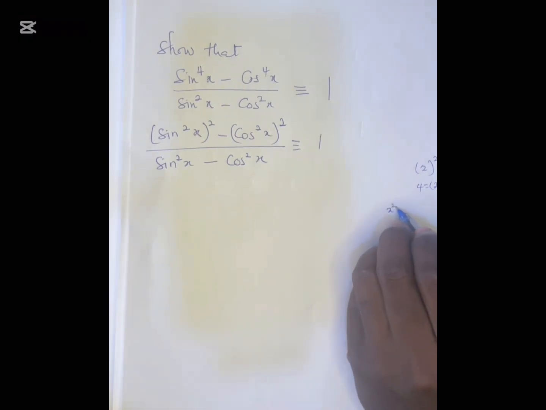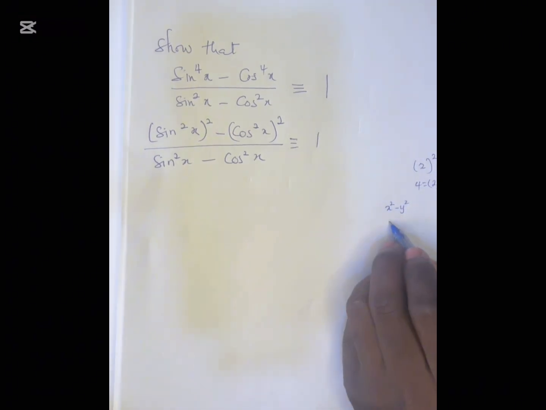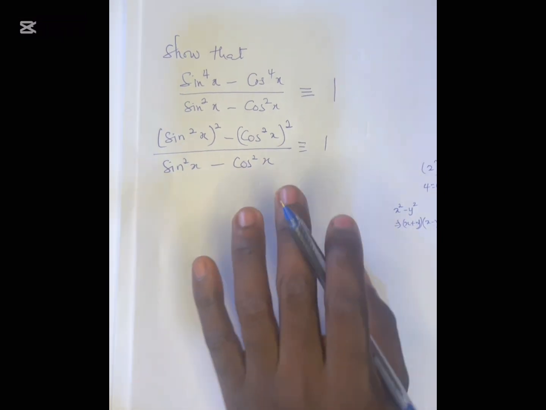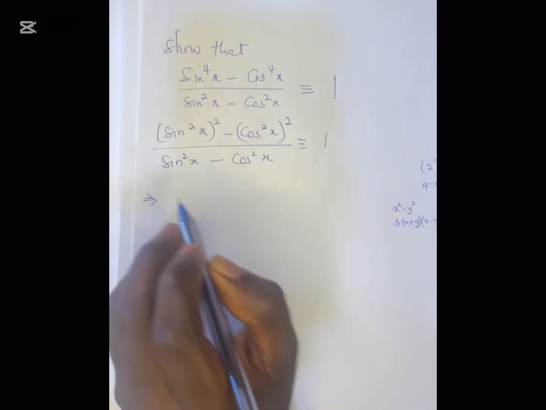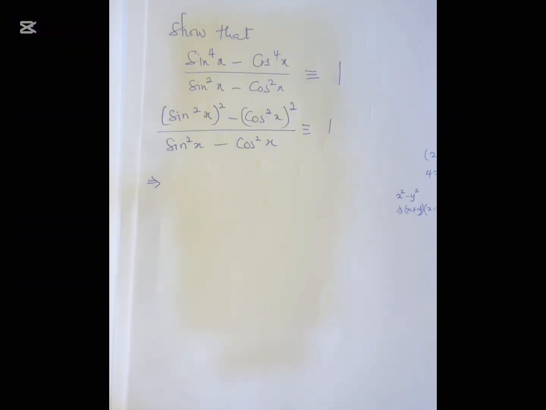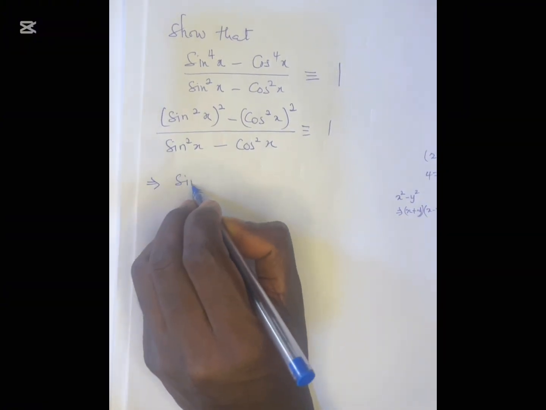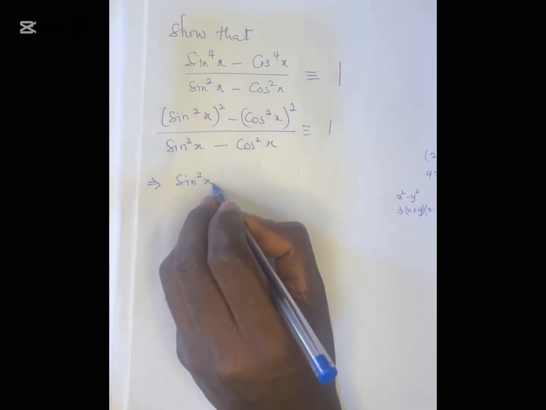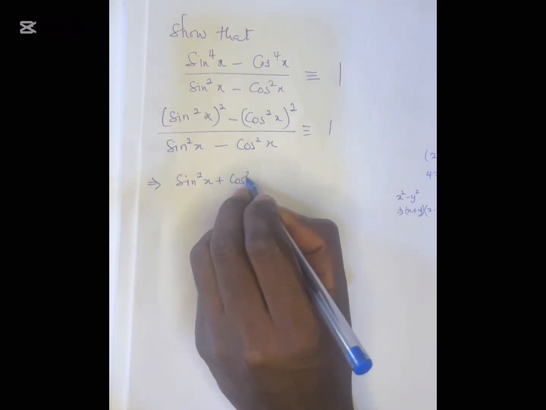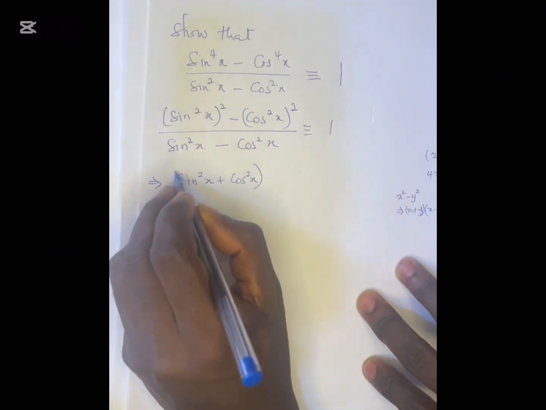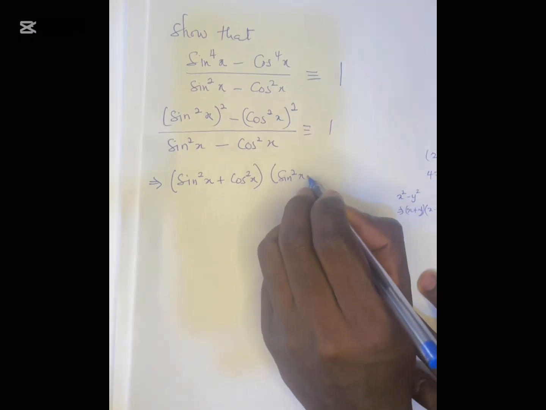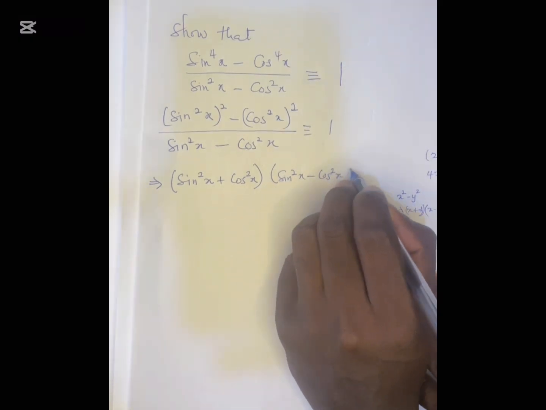When x is squared and y is also squared, this gives us (x + y)(x − y). So we have to apply the difference of two squares on the numerator. We'll be having (sin²x + cos²x) in one bracket, and another bracket will be (sin²x − cos²x).